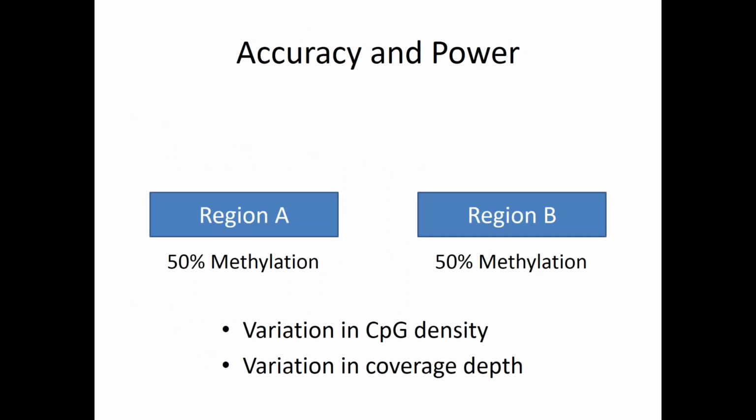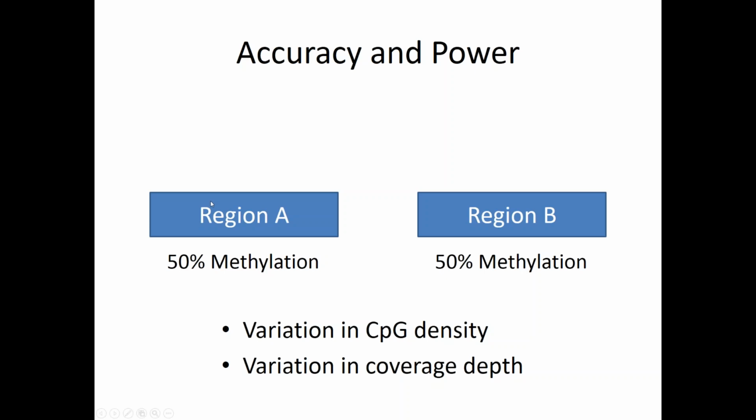The big problem when you're trying to analyze methylation data is that we're collapsing our calls down to quantitative values, these percentage methylation values, but variations in coverage can mean that those values are much more or less reliable.